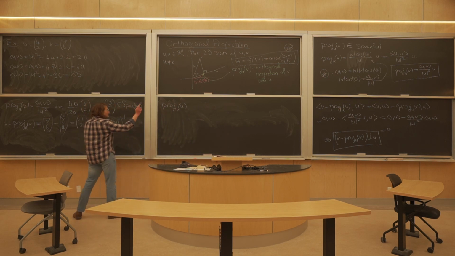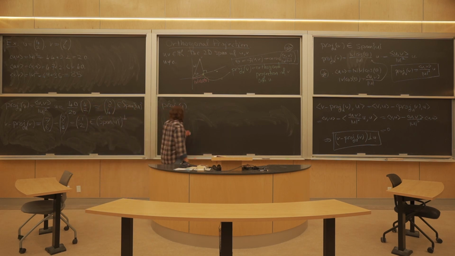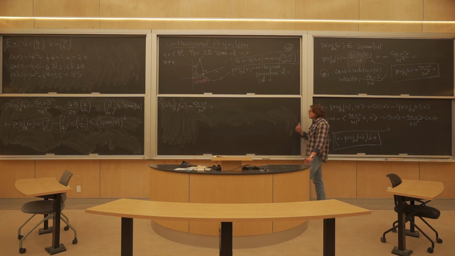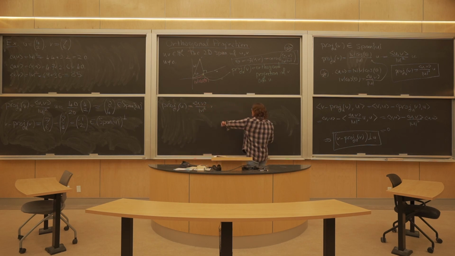So now I need to switch the roles of U and V. This means now in the denominator I'm going to see V norm squared, right? The numerator is again U against V. That doesn't change, but the denominator changes, V norm squared, and then I should take that constant and multiply V this time. Because proj sub V of U is the orthogonal projection of U onto V, which means that it's going to be proportional to V.